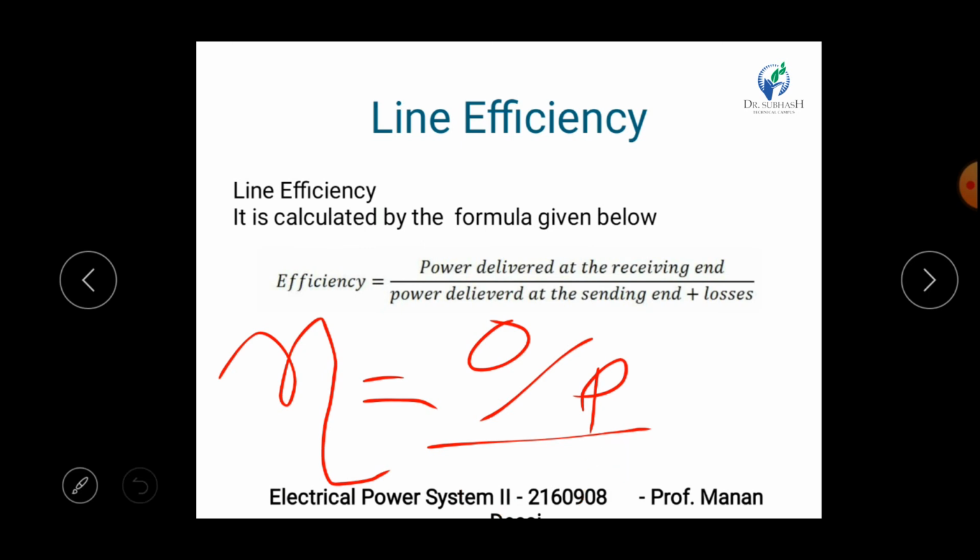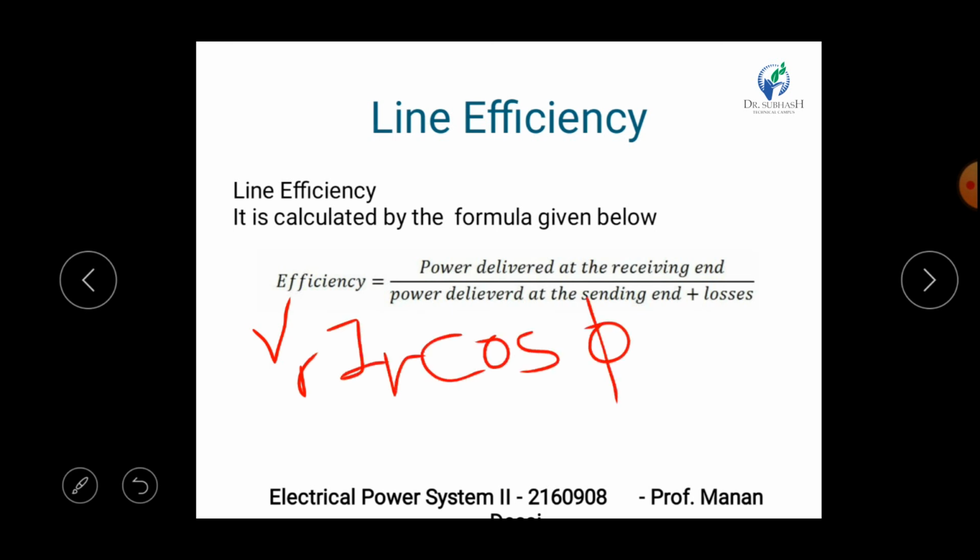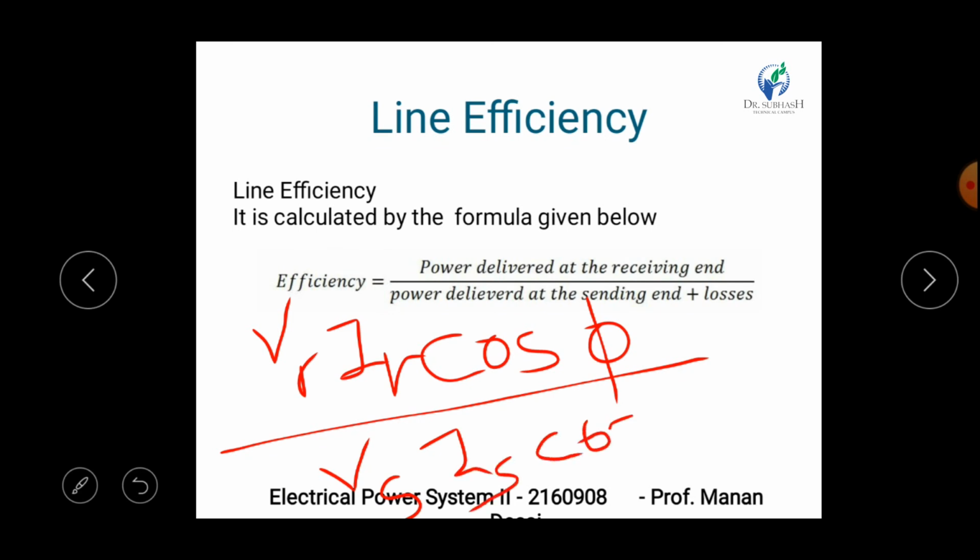So the output power is VR IR cos phi, and the input power is VS IS cos phi. So now the efficiency is also clear.